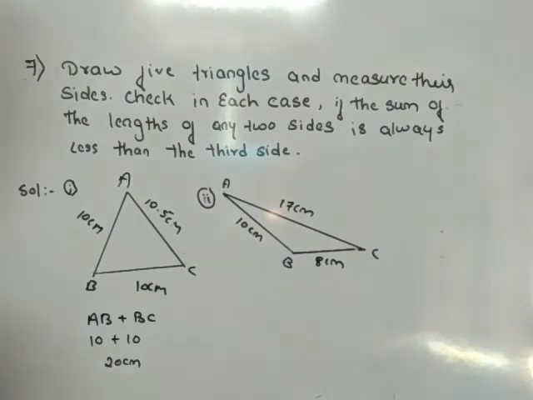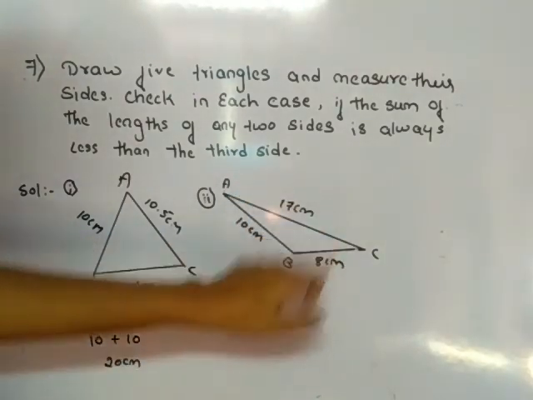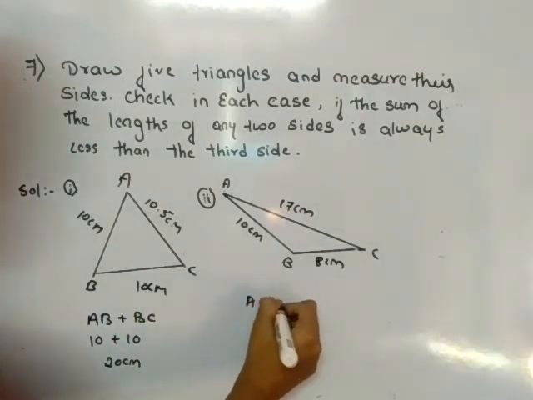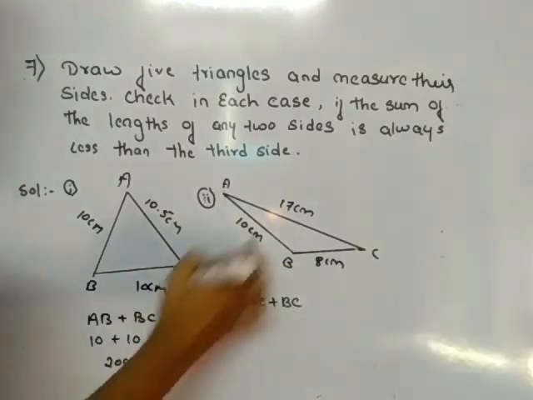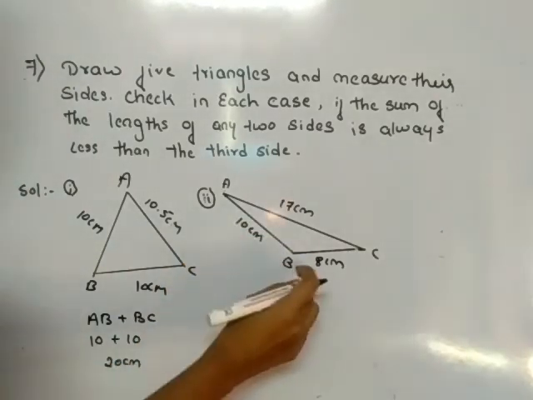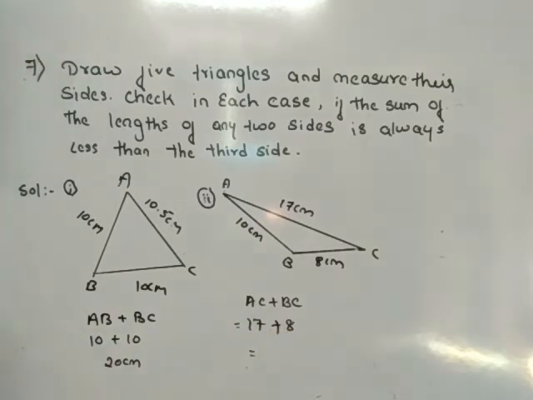Now we'll add any two sides and check. AC plus BC: AC is 17 centimeter plus BC is 8 centimeter. So 17 plus 8, we get 25 centimeter.